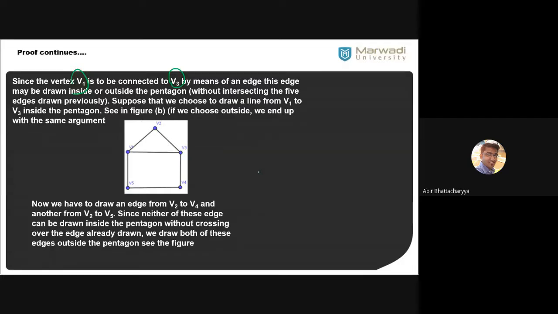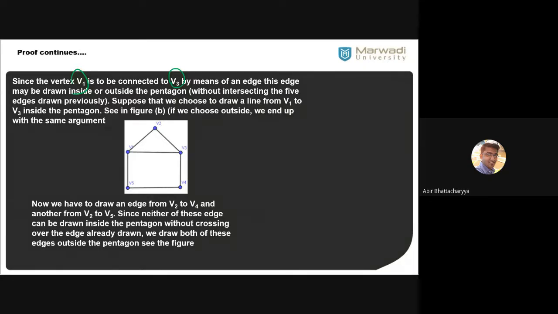That edge may be drawn inside or outside the pentagon without intersecting the 5 edges drawn previously. That is our target. We will try to join all the edges without any edge crossovers.